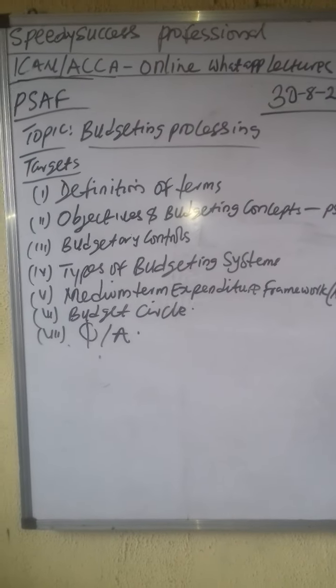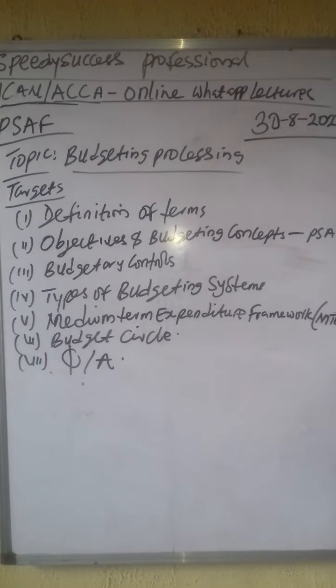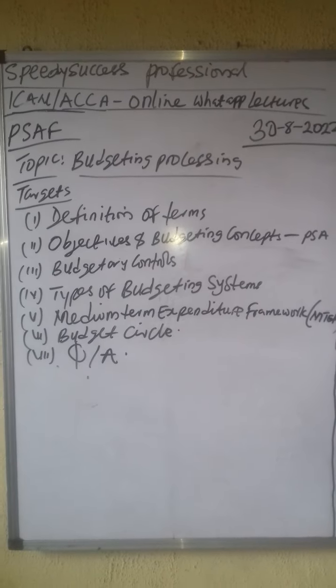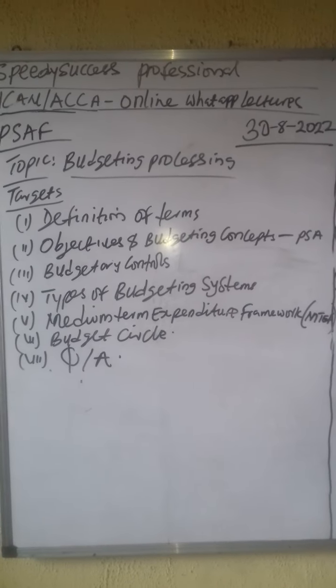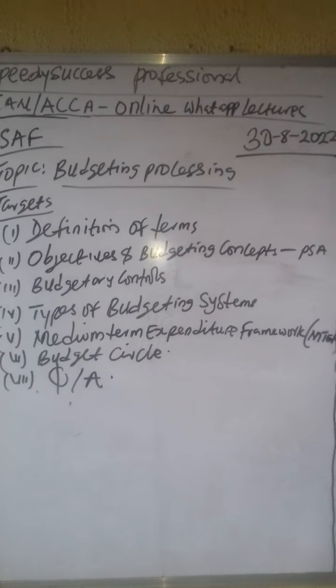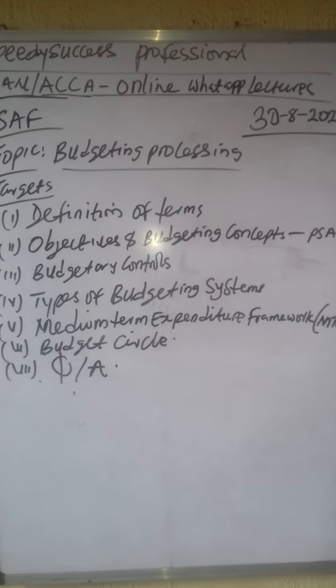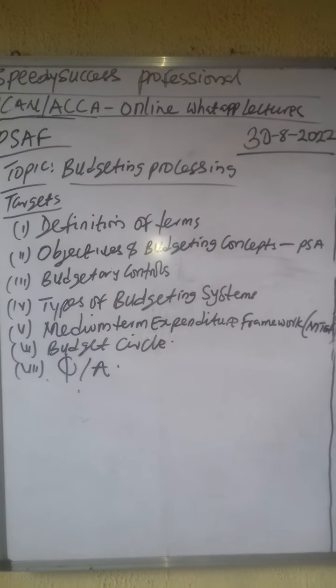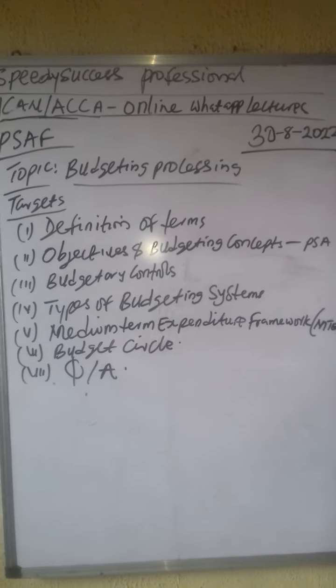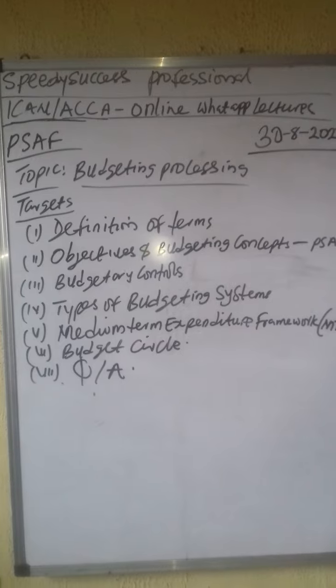Another definition that I give to budget is that a budget is a statement of both qualitative and quantitative data for planning and decision making of an organization.